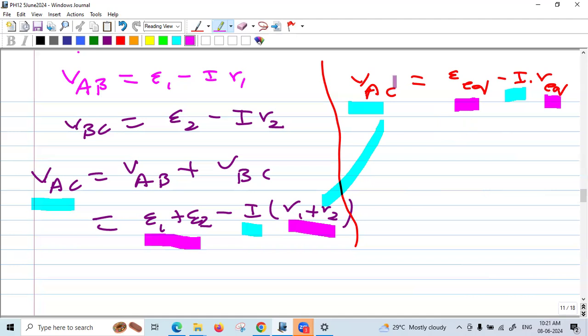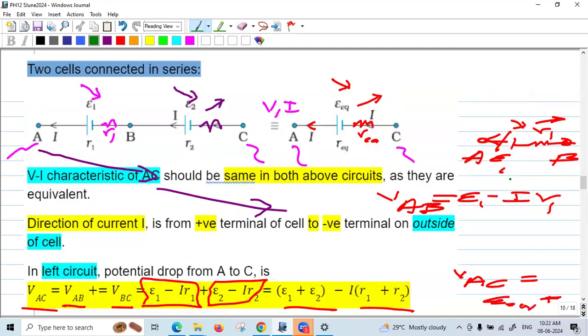So for the right circuit, if we have R equivalent equal to R1 plus R2 and E equivalent equal to E1 plus E2, then the VA characteristics across AC of the right circuit and the current I, and the VA characteristics across AC of the left circuit and the current are the same.